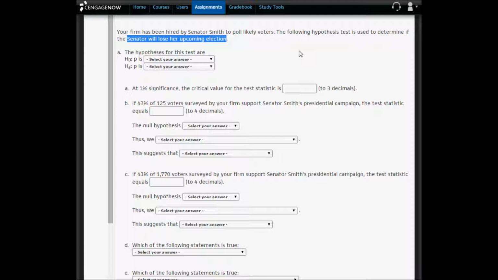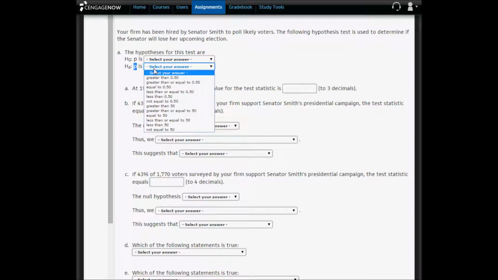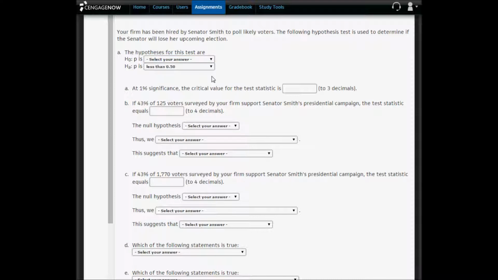When a person loses an election, that means the proportion of the vote that they get is less than 0.5. So the alternative hypothesis is the true proportion, P, is less than 0.5, which means the true proportion is greater than or equal to 0.5 in the null hypothesis.